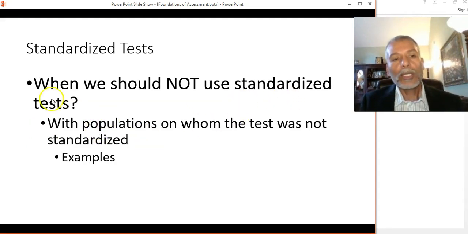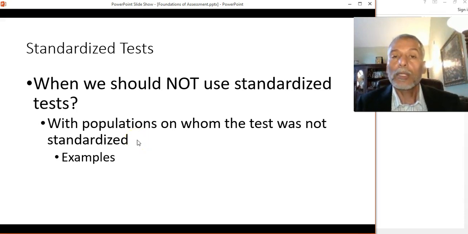When do we not use standardized tests? In any case when the standardized test sample does not include the population of the person that you are testing. Say, someone coming from overseas who hasn't stayed here for more than 2 months.